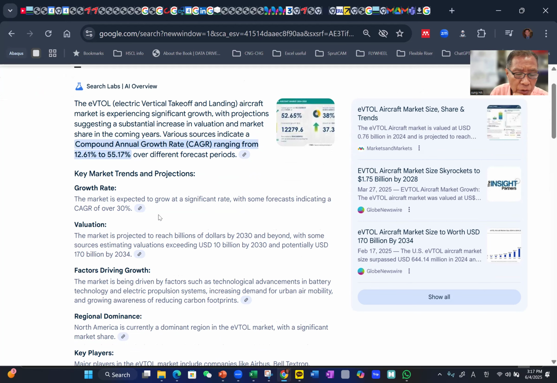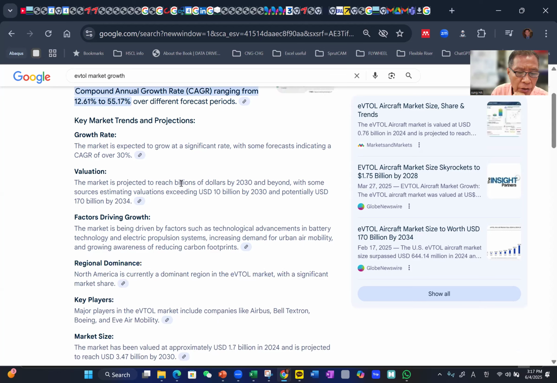So when you do a STEM project, I highly recommend studying this market trend and projections, which you can easily find from internet searching.